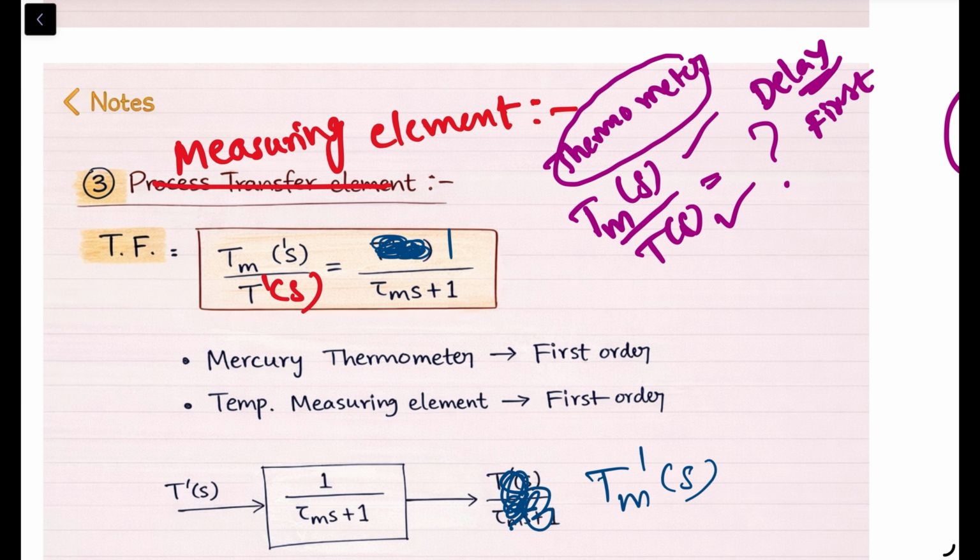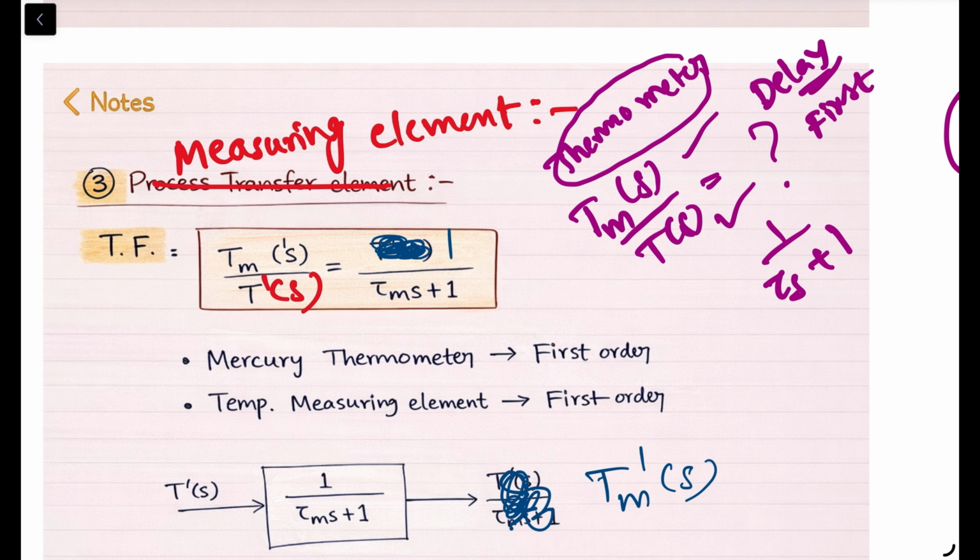So we assume that the thermometer follows first order dynamics. For a first order system, the transfer function is 1 by tau s plus 1, as you know very well.